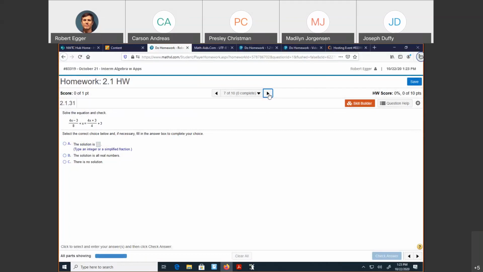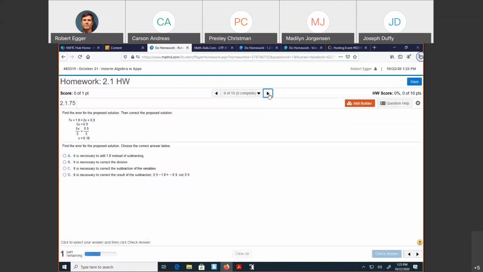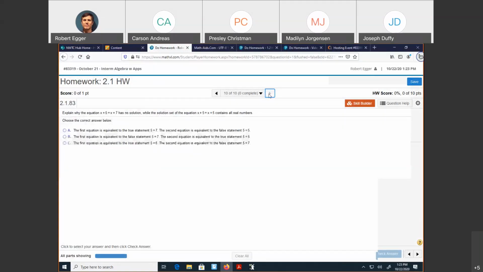Same idea, give it a denominator, multiply through everything by 8. Multiply through by 10. Find the error, that's on you. Uh-oh. And what's our numbers?